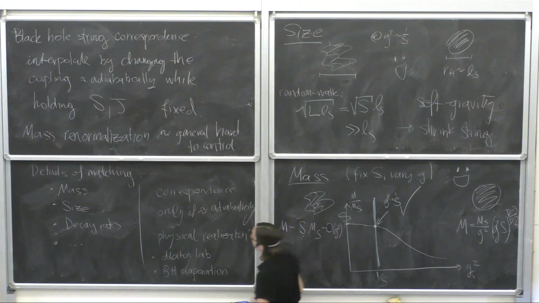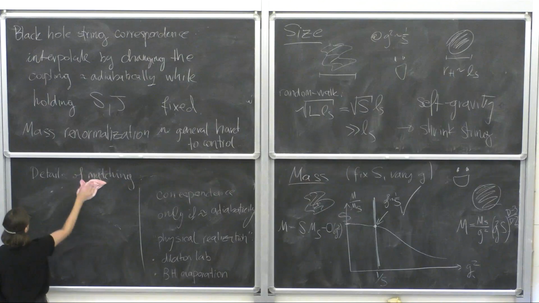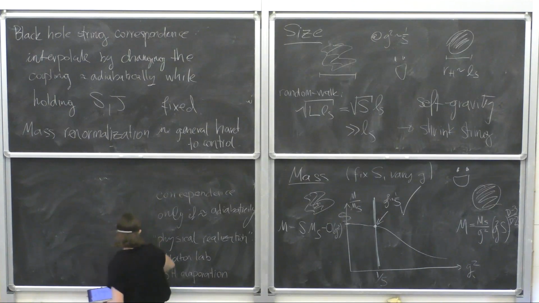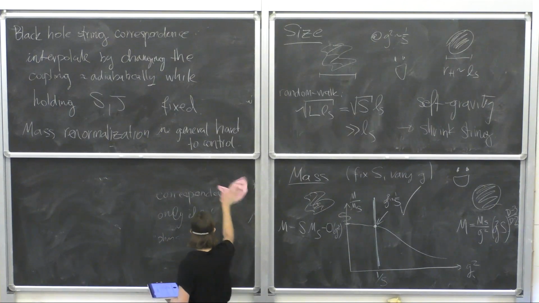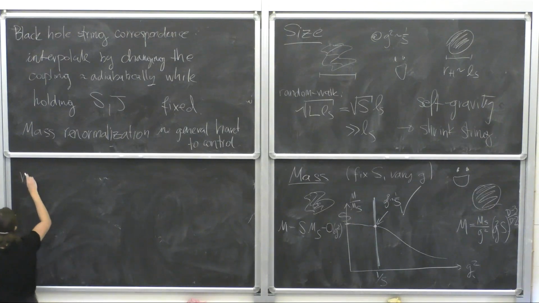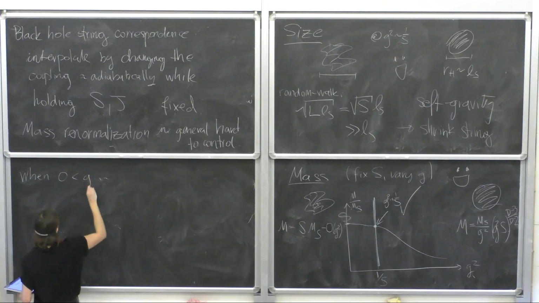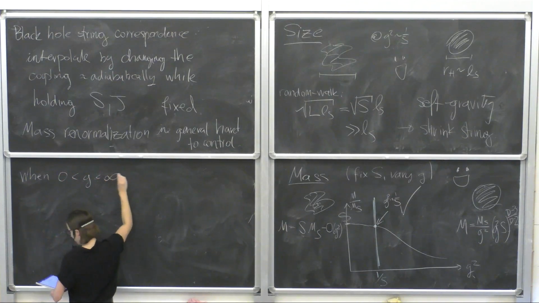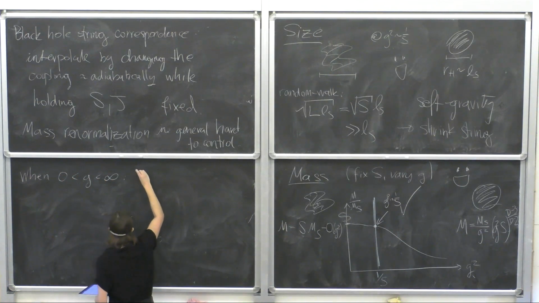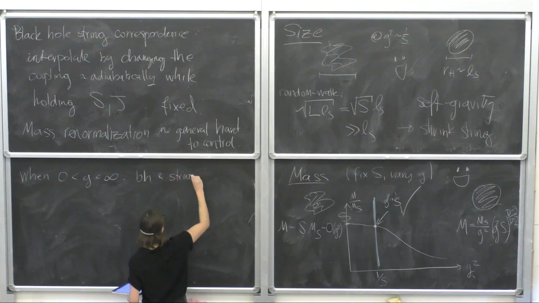Okay, so now the next thing that I have to do is talk about dynamics so that I can talk about decay rates. So when the coupling is neither zero nor infinity, then black holes and strings evolve.